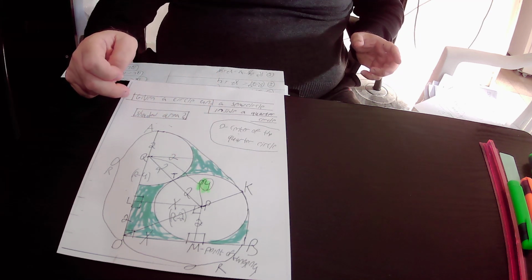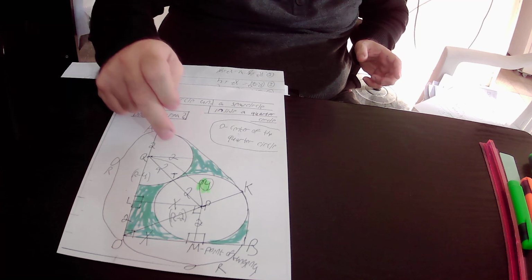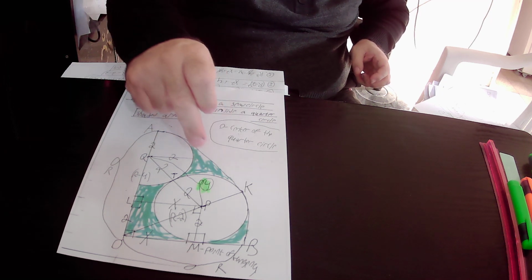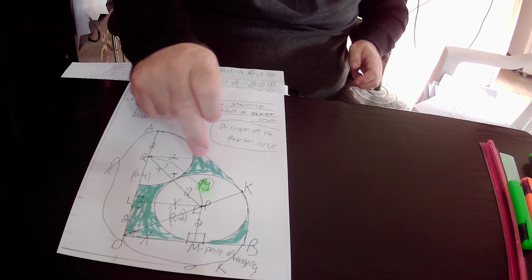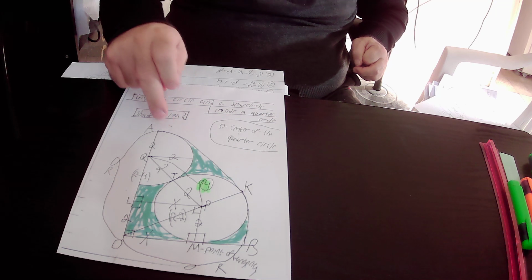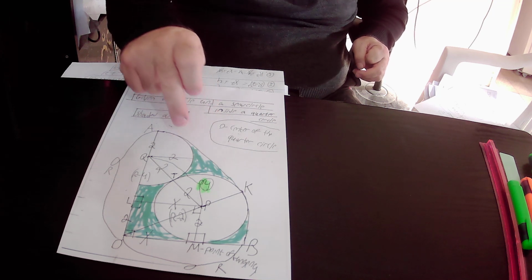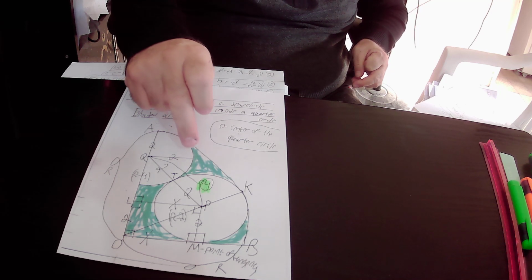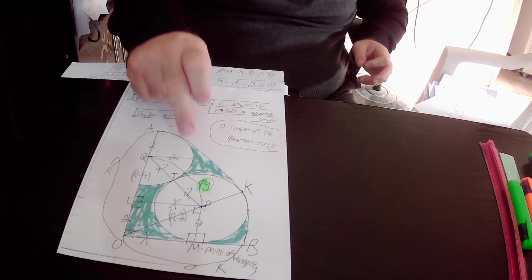And whenever you have two circular shapes that touch externally, then the straight line that joins their centers together must pass through their touching point. In this case, it is point T.